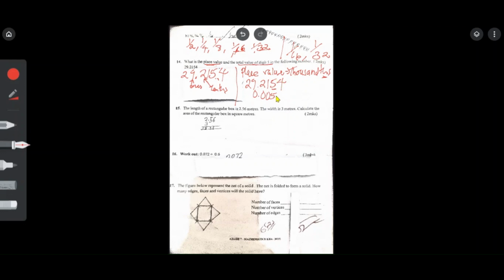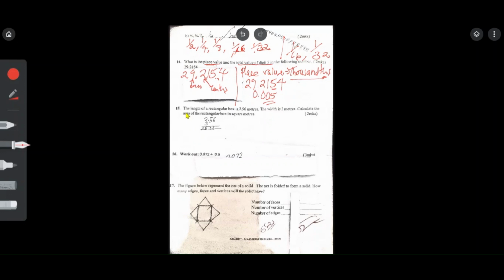No. So there is nothing that I'll add here. The numbers on my left, I turn them to be 0, and on my right also I turn them to be 0. Because it's on the right of the decimal, no need of writing those zeros. You can just leave your answer like that. So you have the place value, the answer is this one. Total value, the answer is that.